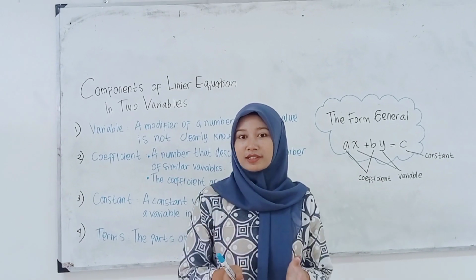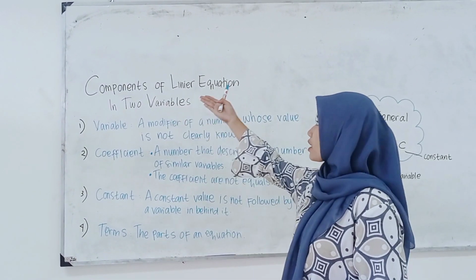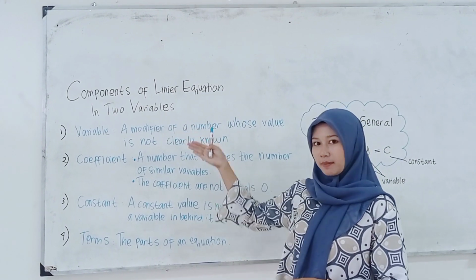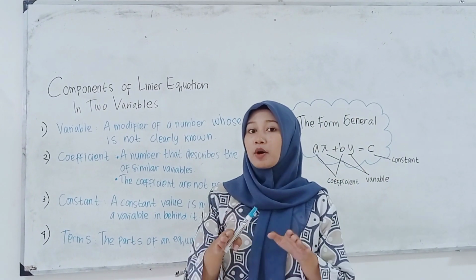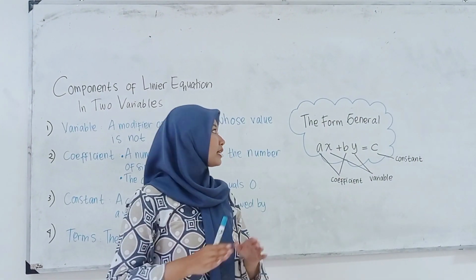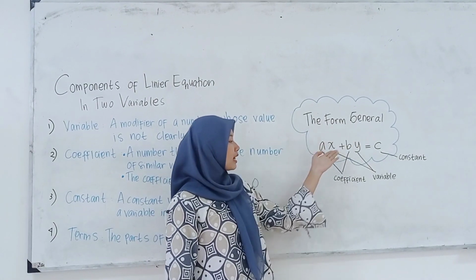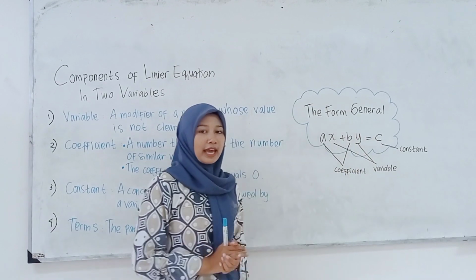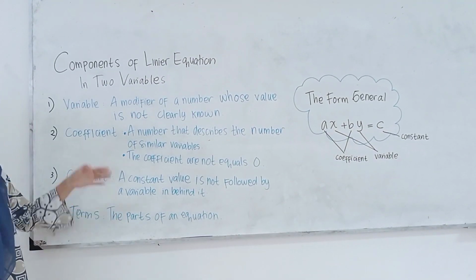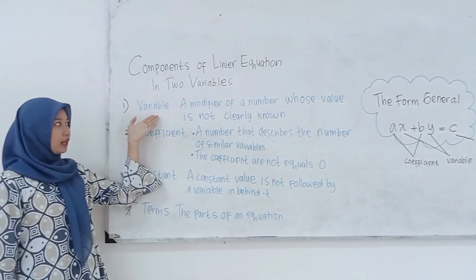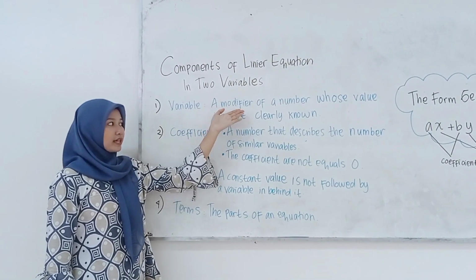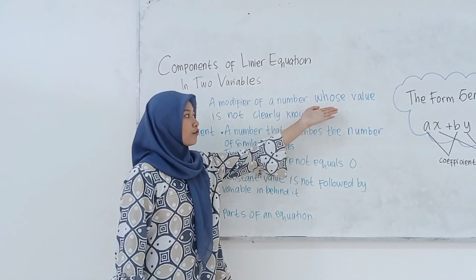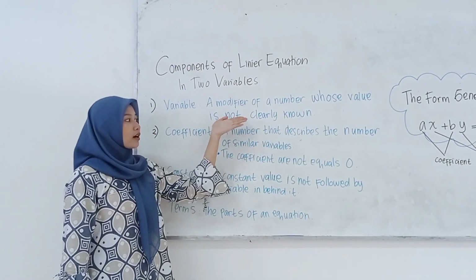Okay, let's return to the components of linear equation in two variables. Before we discuss this, please pay attention to the formula ax plus by equals c. The first component is variable. Variable is a symbol for a number whose value is not currently known.